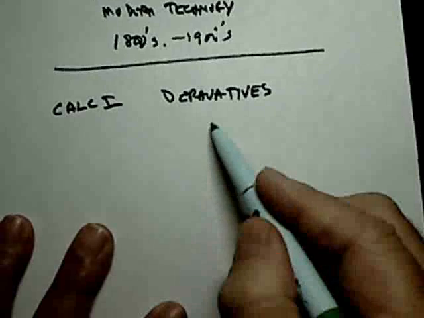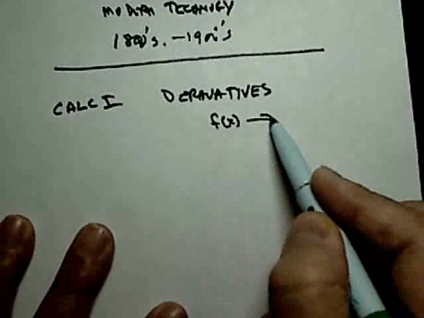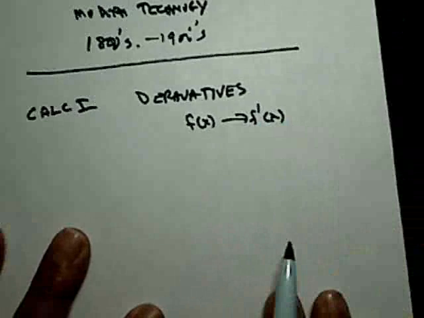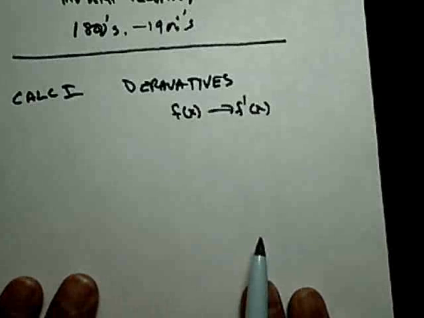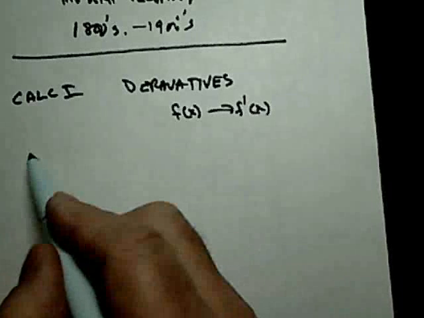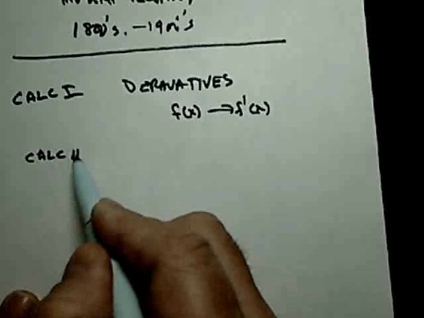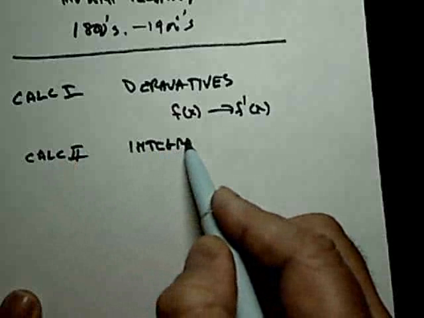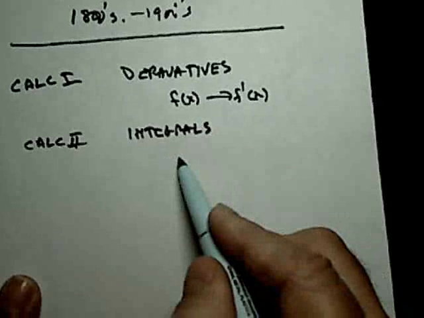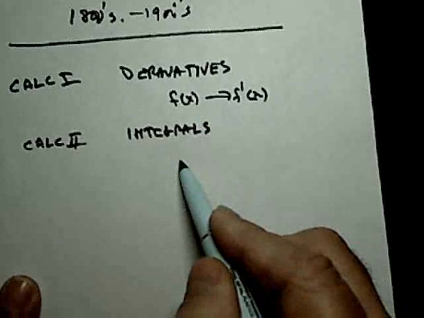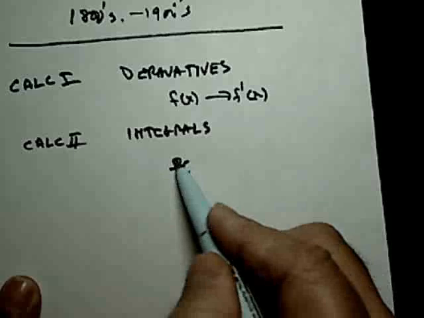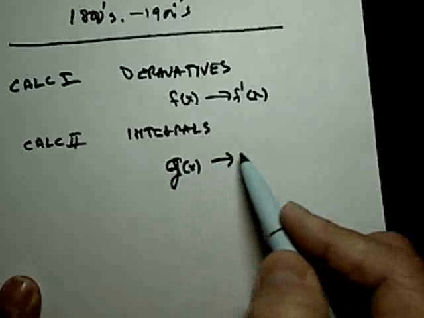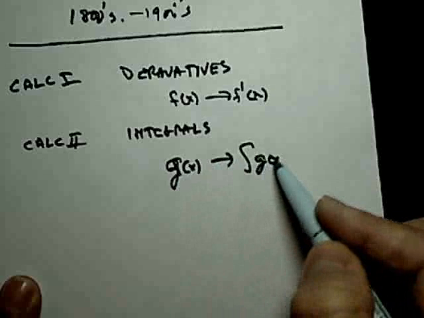Going from f of x to f prime of x is pretty easy for the standard functions. Then in Calc 2 is when you start applying integrals. To do that, you have to use the fundamental theorem, and now you've got to go to the antiderivative. If you take a function g, you've got to go to its antiderivative in order to evaluate the integral.